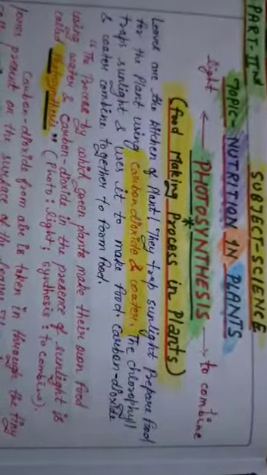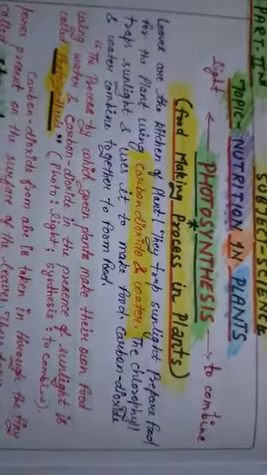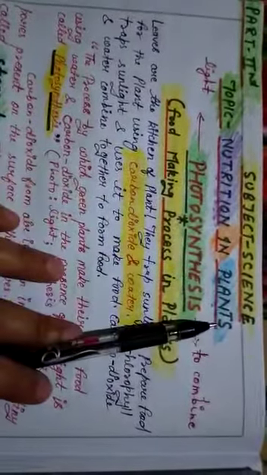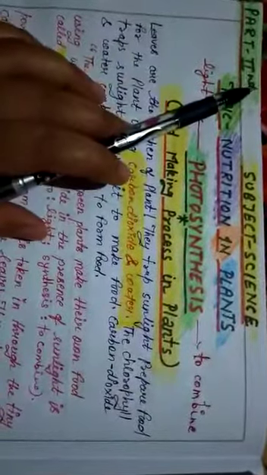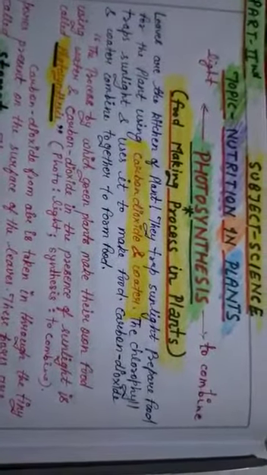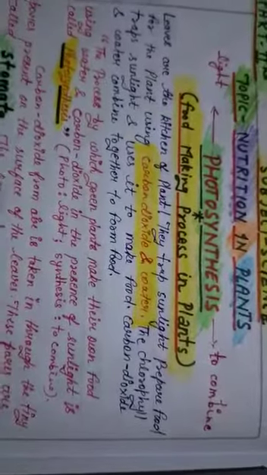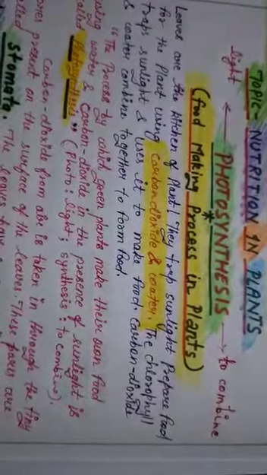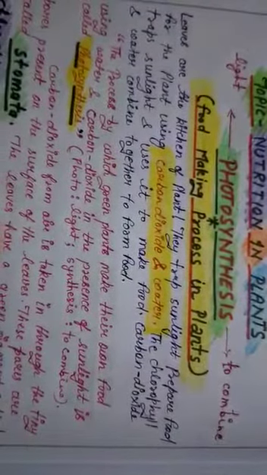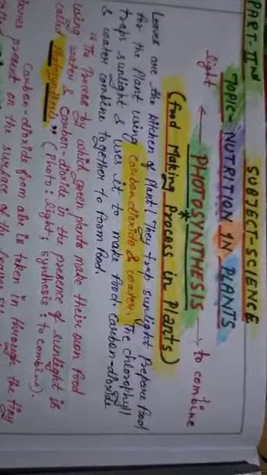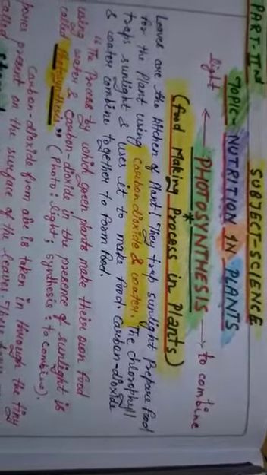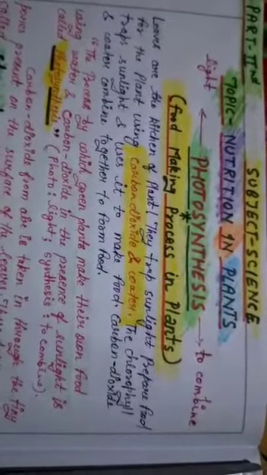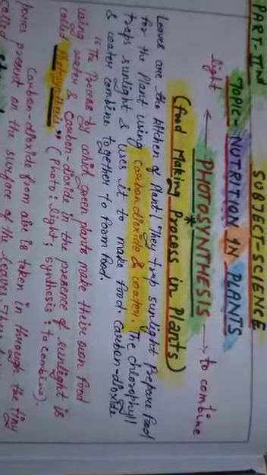Good morning, class. Here we are going to start with the topic nutrition in plants. This is part second. In part first, we already read the terms, mode of plants, autotrophic, heterotrophs, etc. But in this lecture, we are going to discuss the term photosynthesis, that is food making process in plants.